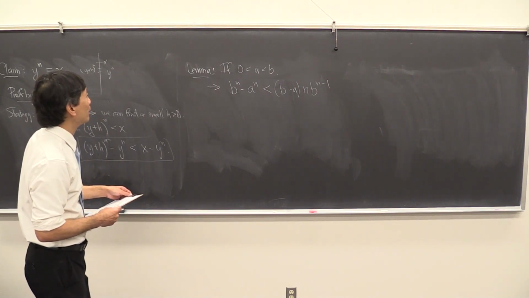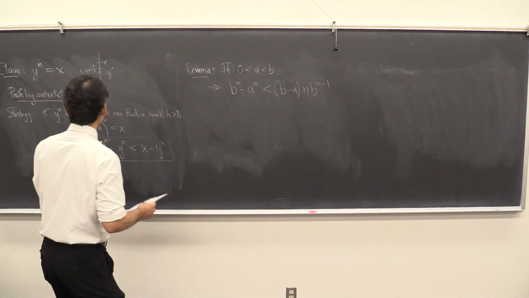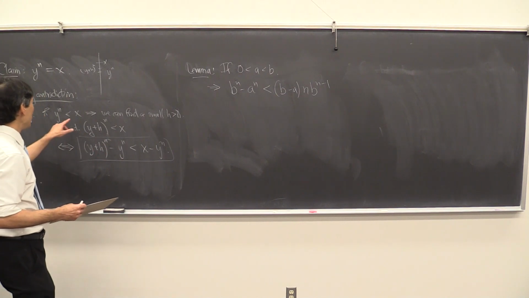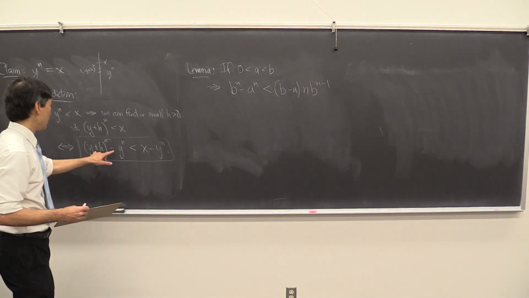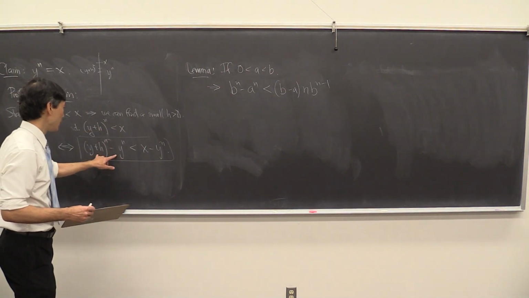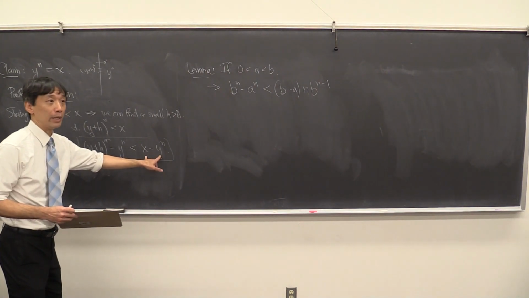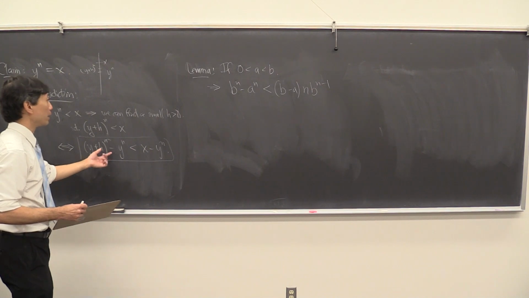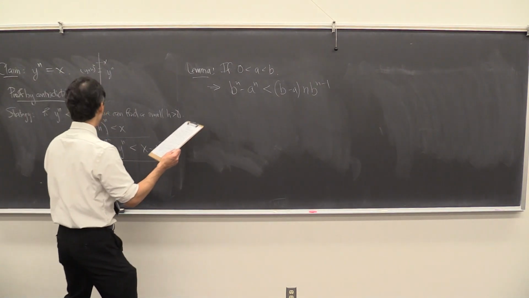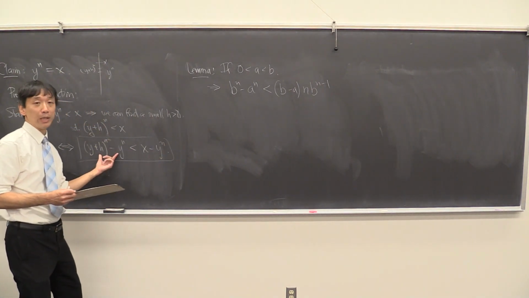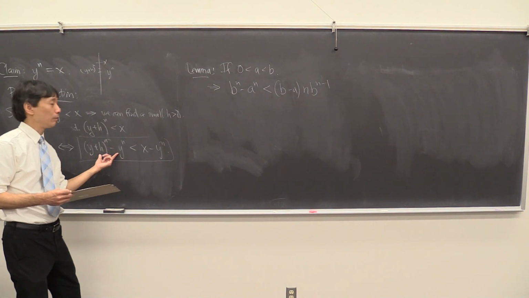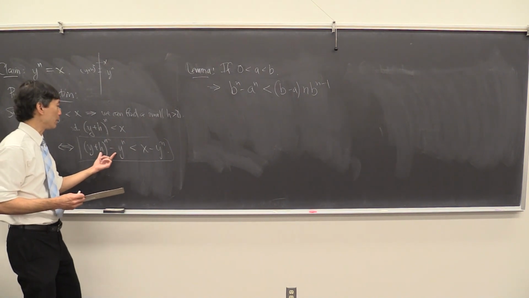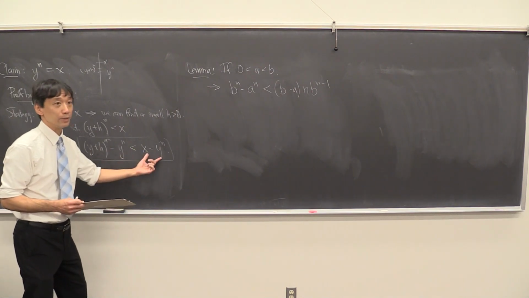Okay, so here's this lemma, right? Because we're trying to find an h so that this thing is smaller than this thing, what's going to be useful for us is to get something about differences of nth powers. We're going to try to get control on this difference of nth powers and make it smaller than this.